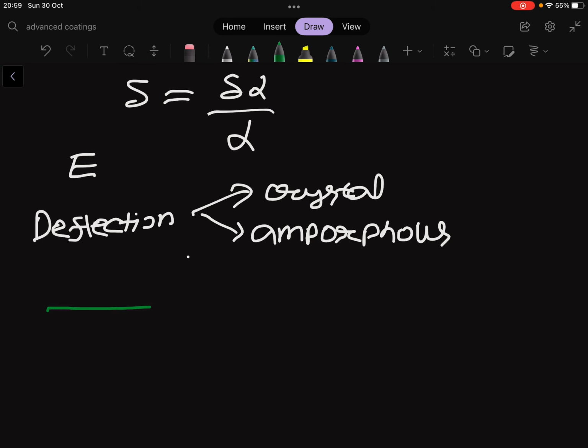We have a thin plate substrate. So this is our substrate, which can be made of glass or silicon.